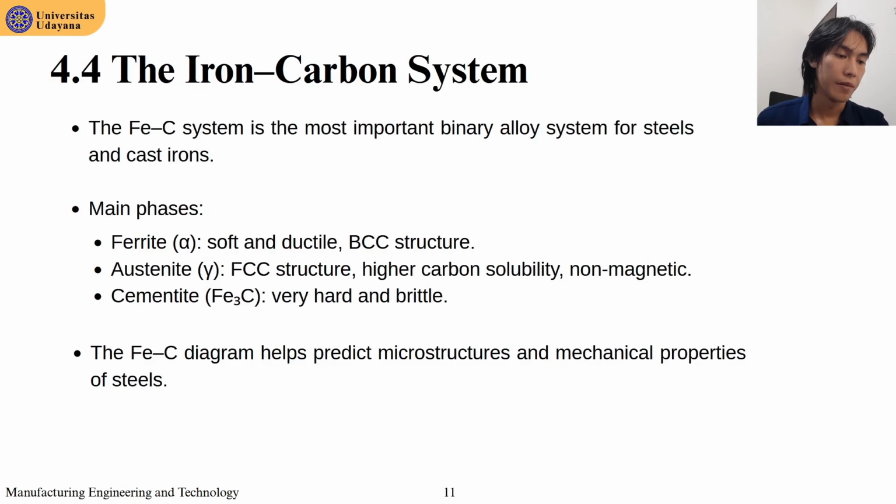Okay, next slide is 4.4, the iron-carbon system. The Fe-C system governs steel and cast iron behavior: ferrite soft and ductile, and cementite hard, or you can say brittle. I'm sorry for my speaking.